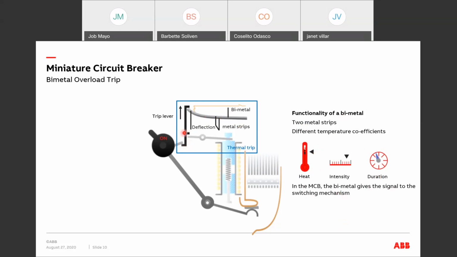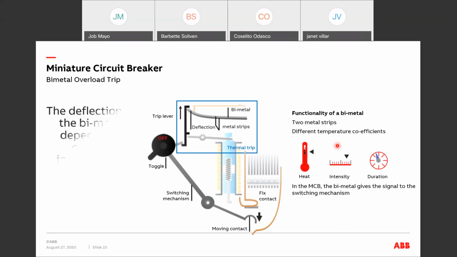As you can see, it pulled this up due to the deflection created by the excessive heat in the bimetal strip. So this would trigger the switching mechanism and eventually the opening of the contacts. Thus, we have an overload trip. So basically, just remember the deflection of the bimetal depends on current intensity and duration.